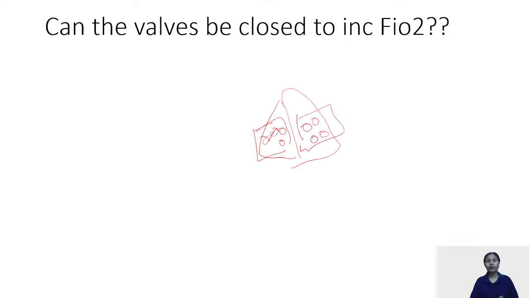Thus, you never put valves or a micropore over these exhalation ports in order to prevent rebreathing. I hope I'm very clear that no holes have to be closed when you are giving the patient the required amount of oxygen as per the requirements.